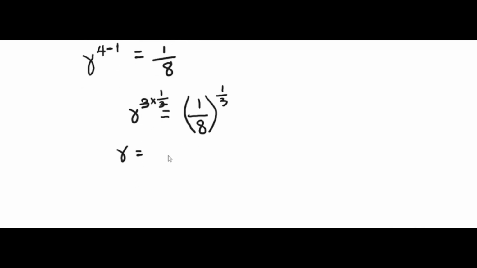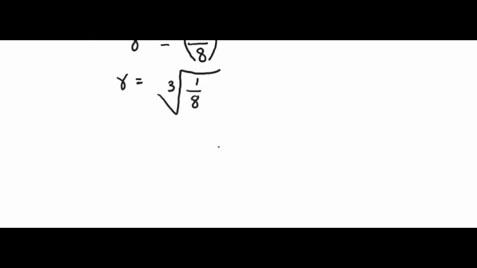So 1/8 raised to power 1/3, that will be taking the cube root of 1/8. The cube root of 1 is 1, because 1 times 1 times 1 remains 1, while the cube root of 8 is 2, because 2 times 2 times 2 will give us 8. Okay, so that is for number 29.